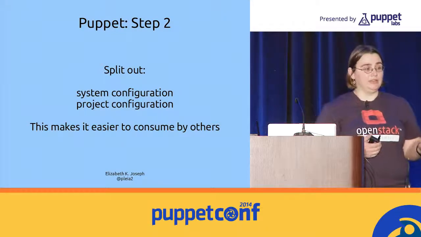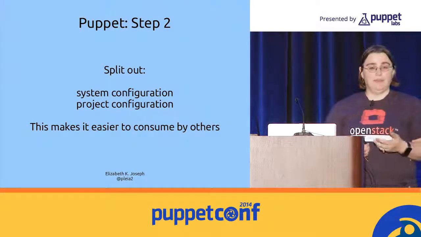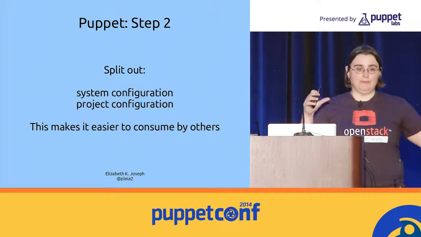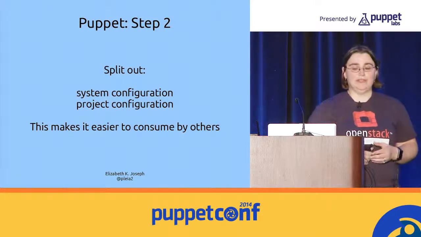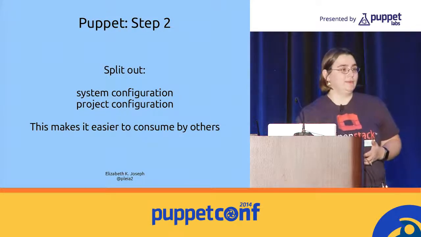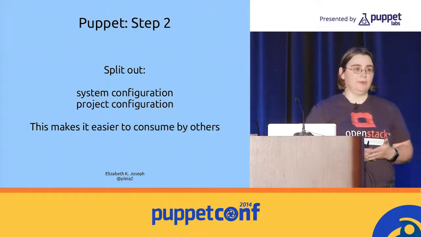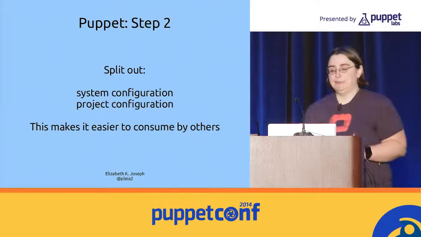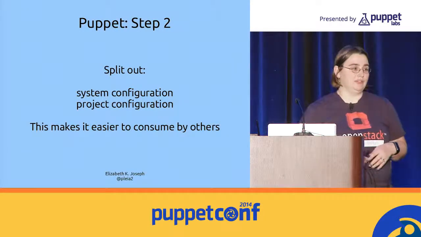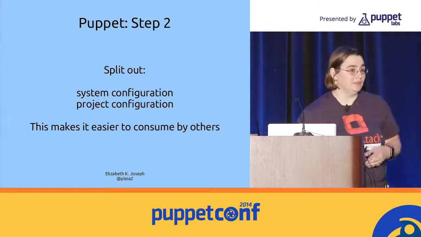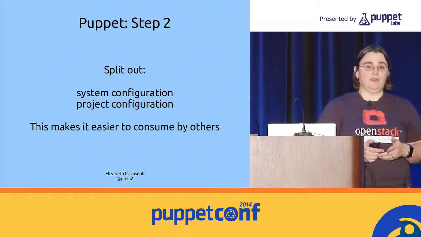So we're running certain tests on different applications, and all of this is in our massive configuration repository. And that's not so good, because if someone wants to run Jenkins and Zuul and Gerrit like we do, they don't necessarily want all the OpenStack jobs. So we're splitting out our system configuration from our project configuration, which will make it much easier for us to consume it. I think we're actually doing that on Thursday.